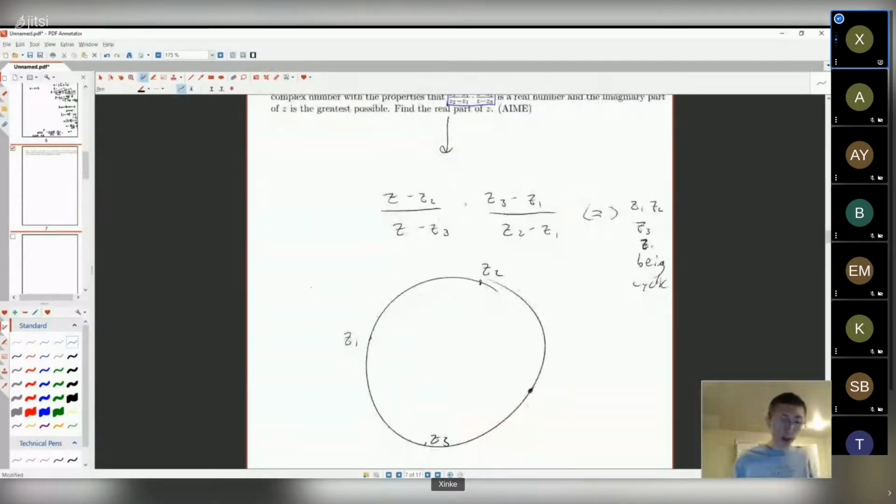If you look at this, Z3 minus Z1 is this vector, from there to there, with that length and that argument. Z2 minus Z1 is this vector. So when you divide the 2 complex numbers formed by those 2 vectors, you'll just get this angle times some constant, right?